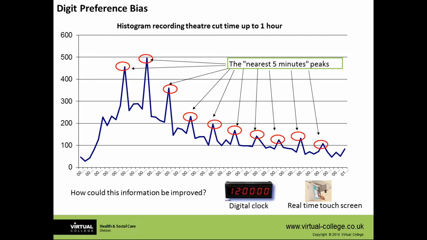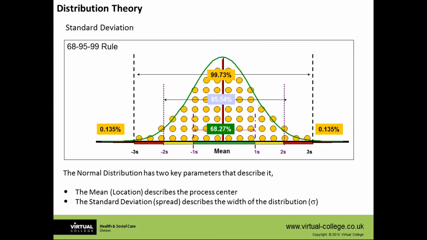But you can start to pick out patterns with your distribution, and you can start to pick out unusual occurrences. This example here shows a hedgehog distribution, and the hedgehog distribution says that the nearest 5-minute peaks have been rounded up. So this can be good or bad when analysing data, to pick out patterns to see if something's been recorded accurately.